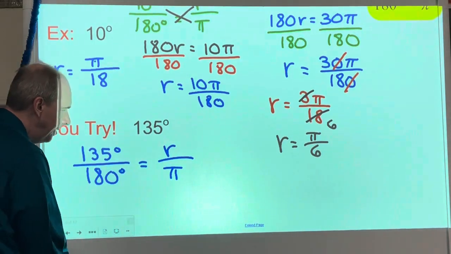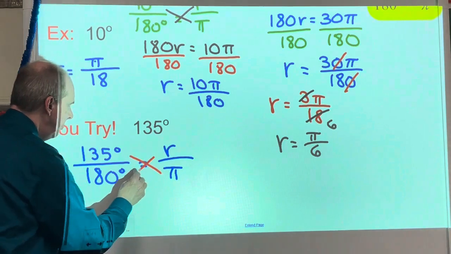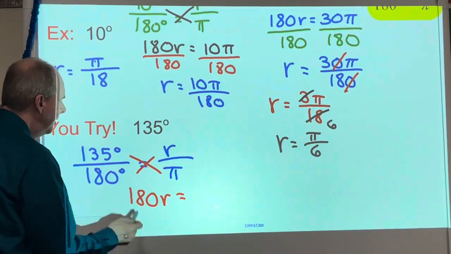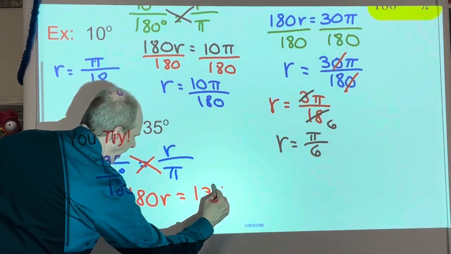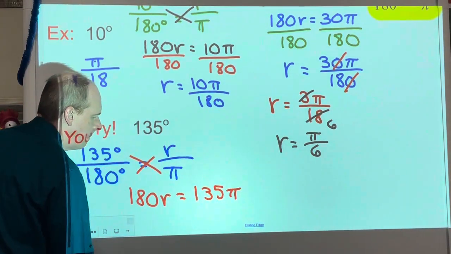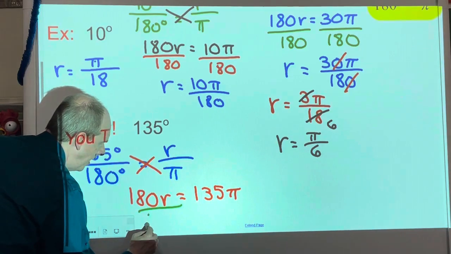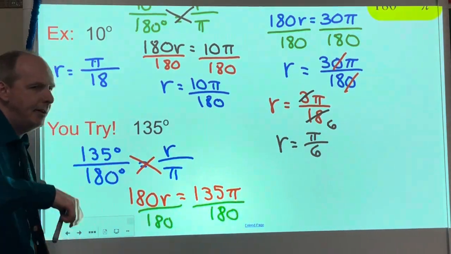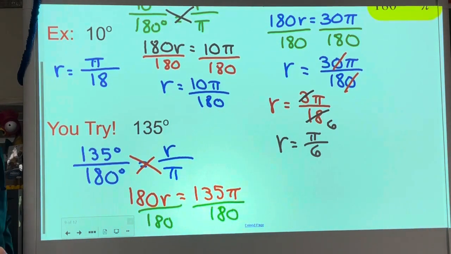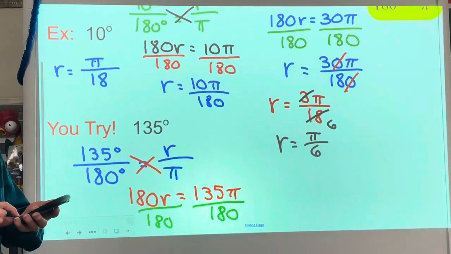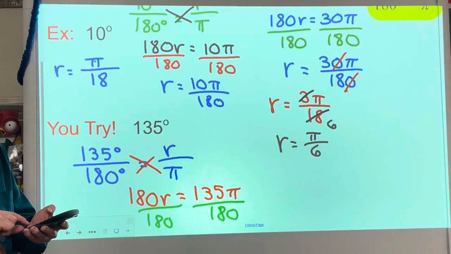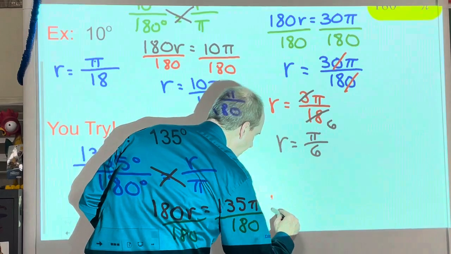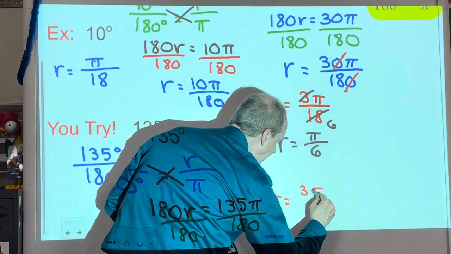The degree symbols cancel, and I want to cross multiply. 180r, gee, that seems familiar, equals 135 pi. Divide by 180. This is where you're going to want to use your calculators, your ABC button. 135 ABC 180. I got 3 over 4. So my number of radians is 3 pi over 4.